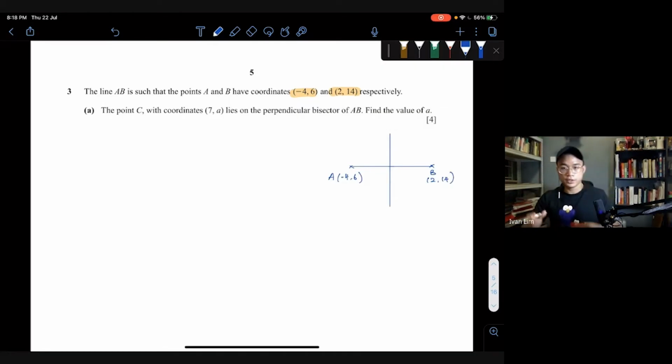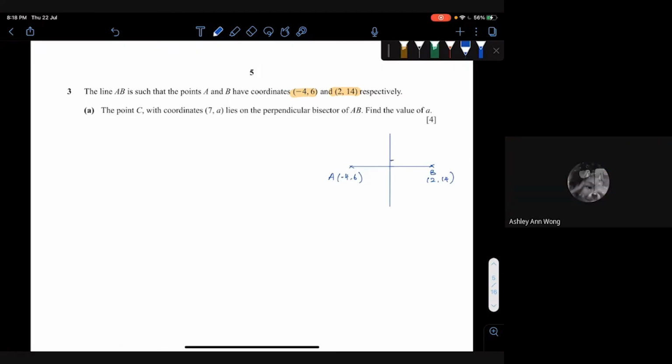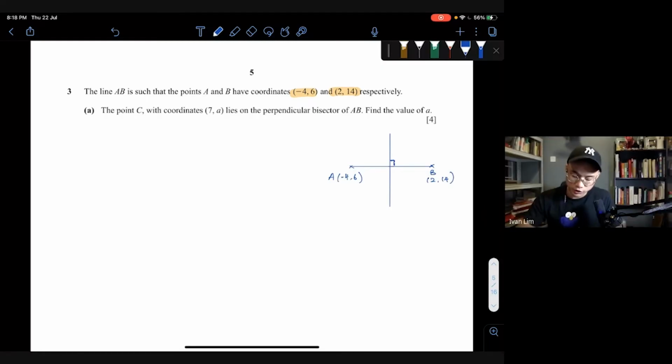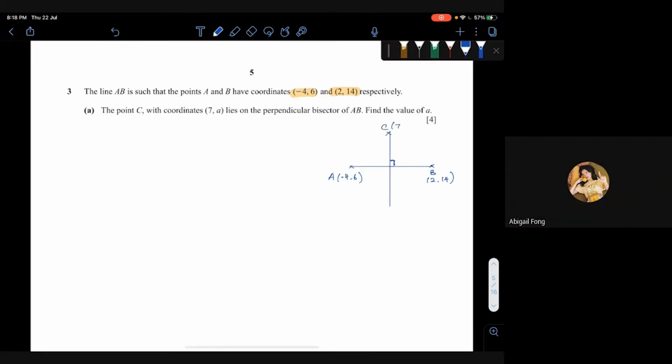Bisector means two parts, right? And it's 90 degrees and in the middle. So what do we need to find here first? We don't know what C is, but let's just say C is over here, (7, a).